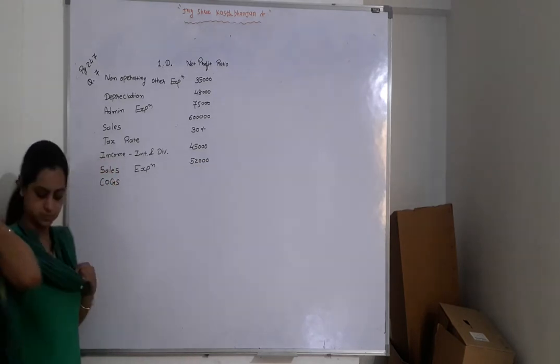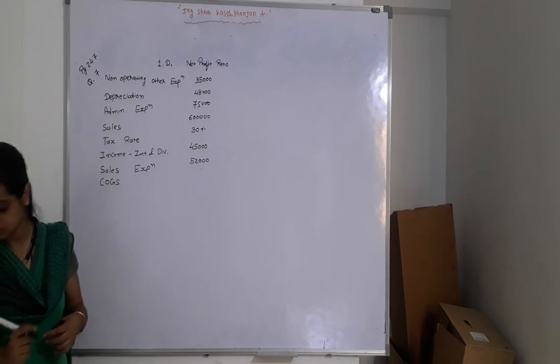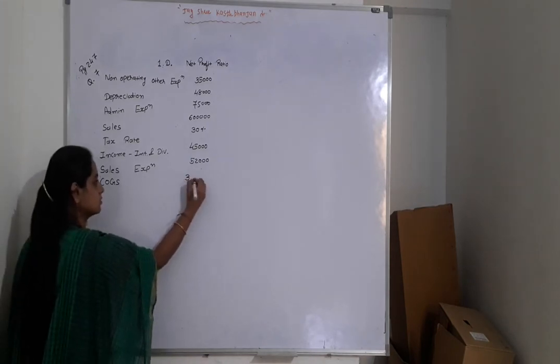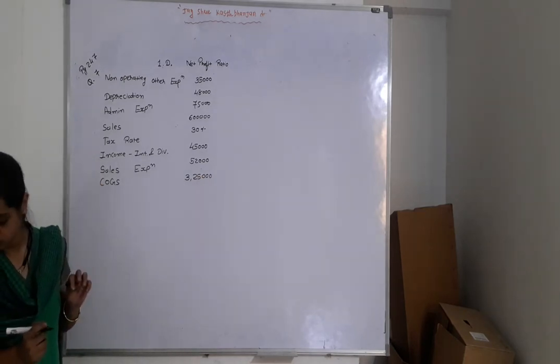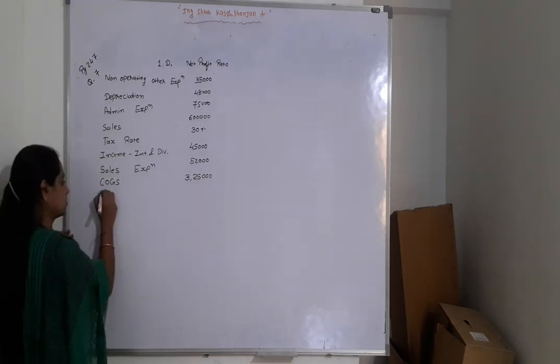COGS, 3,25,000. Financial expense, 85,000.